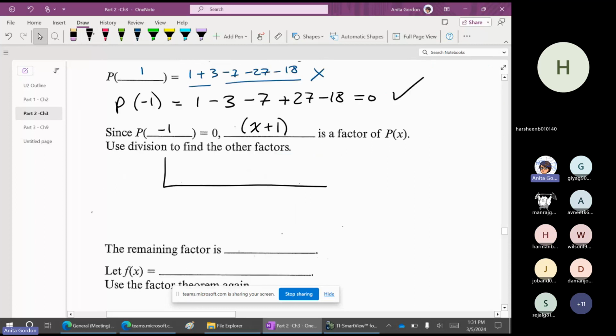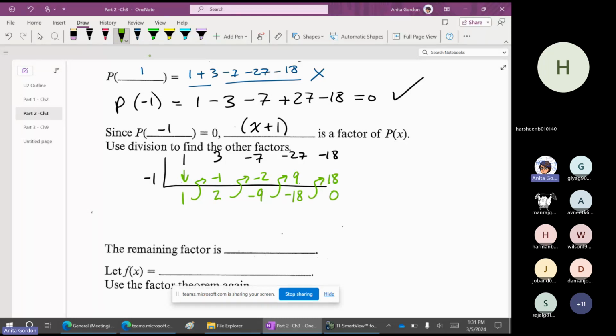So my coefficients are 1, 3, negative 7, negative 27, and negative 18. And I'm using the root negative 1. I drop the first one, multiply by the root, add together. Multiply by the root, add together. Multiply by the root, add together.